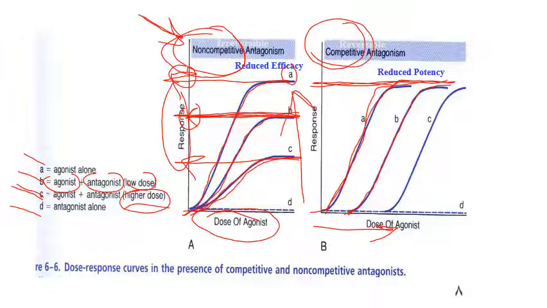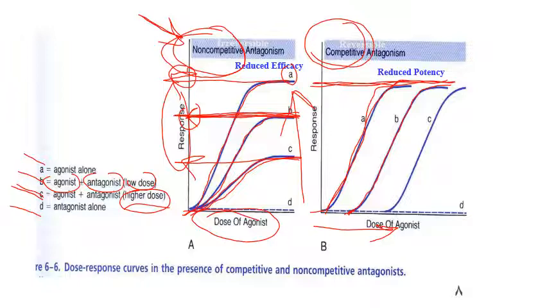The one that wins is the one which has the highest concentration. So if we increase the concentration of agonist, it will displace the antagonist from the binding site and take the binding with the receptor, producing activity.